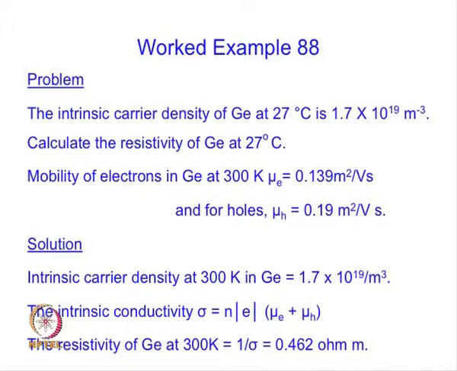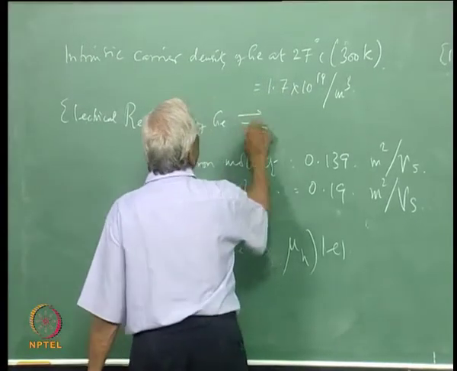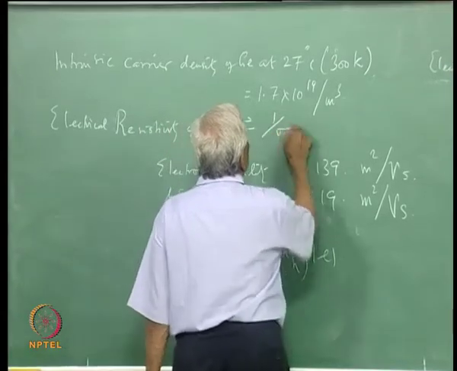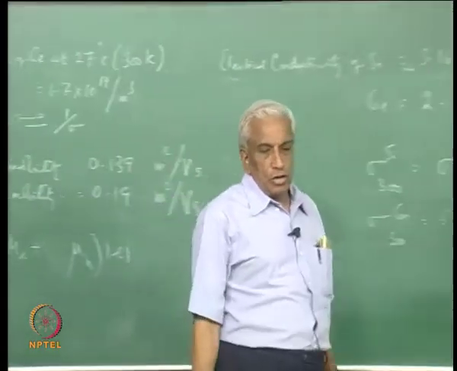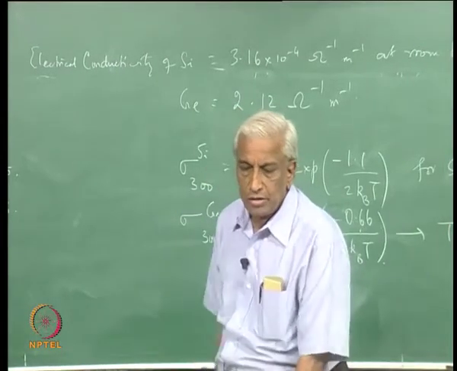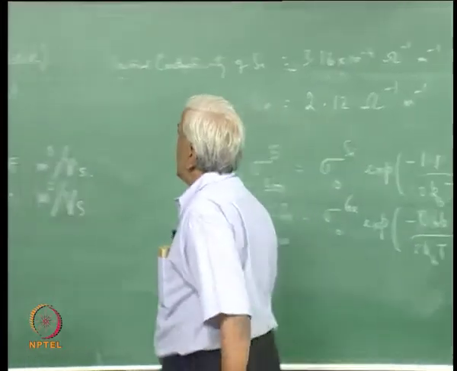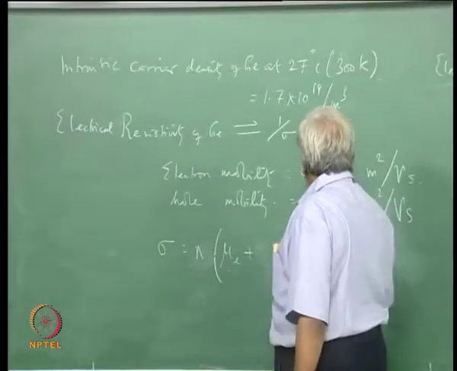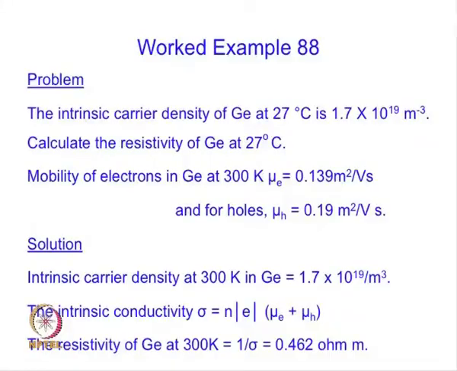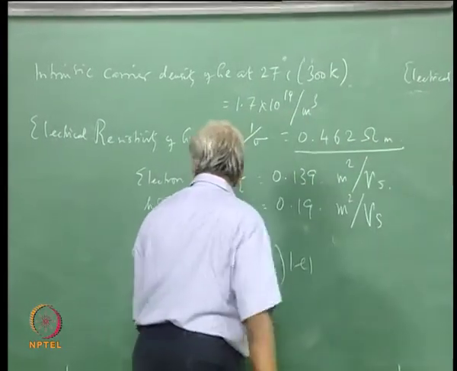So, the resistivity is 1 by sigma. Finding sigma from here and then taking the reciprocal, we get the value as 0.462 ohm meter, which is the answer.